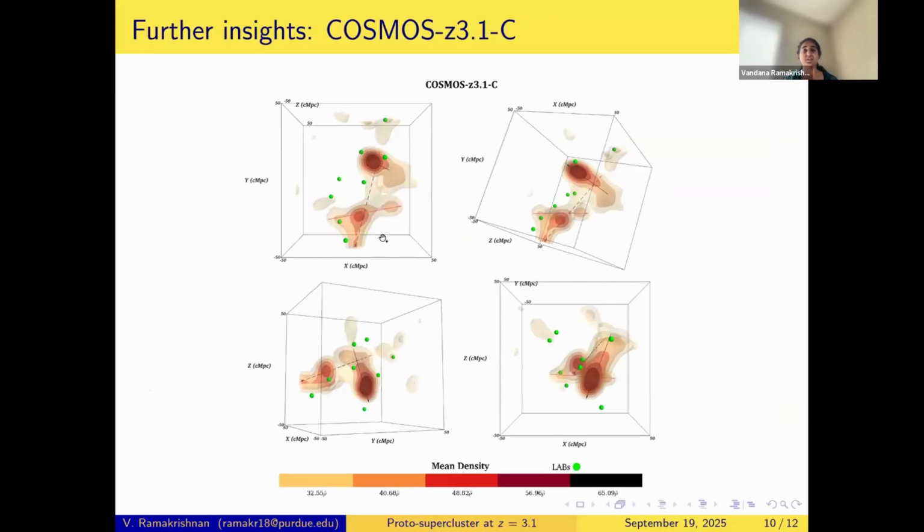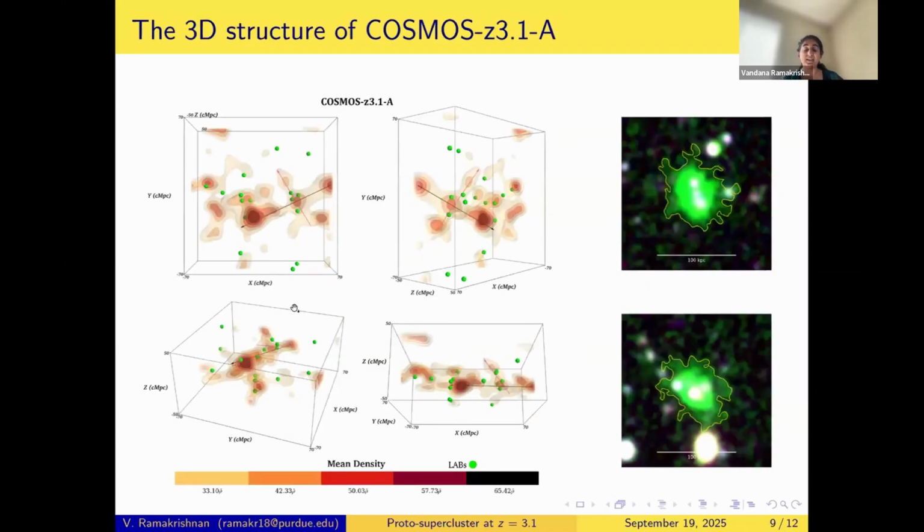Another feature, which you can see both from this reconstruction and from that of 3.1a, is that the large scale structure at high redshift is very, very irregular. It's not at all spherical, right? And it seemingly has a preferential axis along which it's elongated, which highlights the importance of sightline, right? When you're looking at a structure, it might look very drastically different according to which axis you're observing it along.